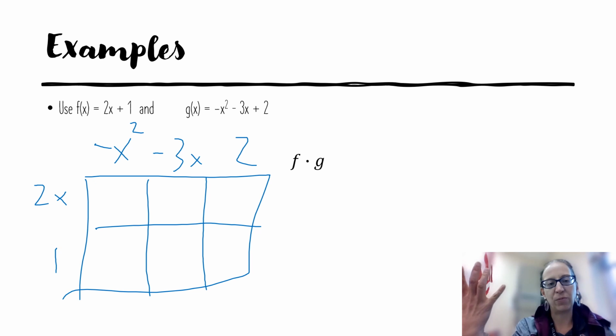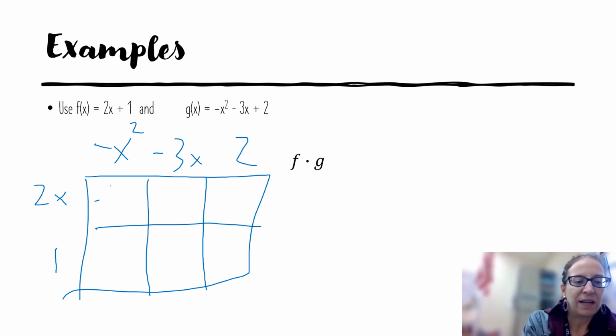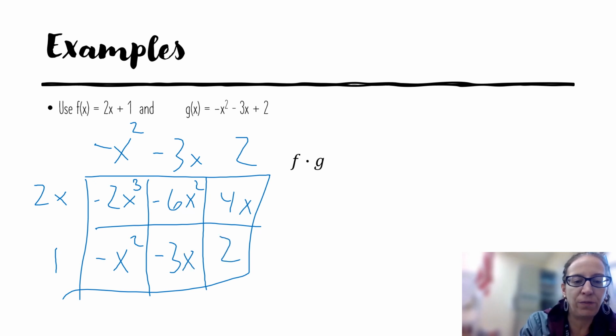And then we'll multiply everything in each box. So this would be negative 2x to the third. This would be negative 6x squared. And this would be 4x. This is negative 1x squared, negative 3x, and positive 2.